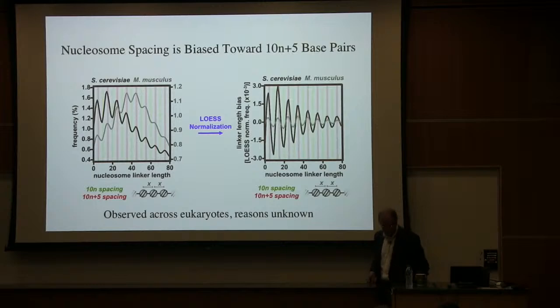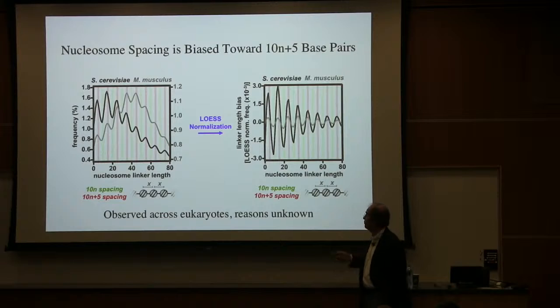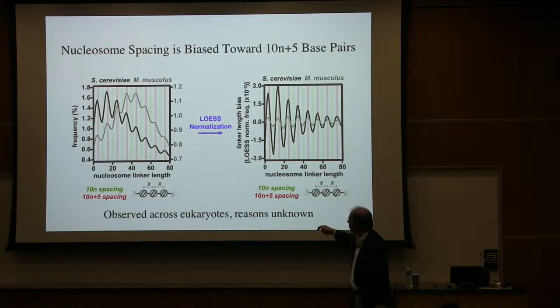So there's an interesting observation that's been in the literature since the late 1970s. And that is, if one looks on a genome-wide scale at the positions of nucleosomes and the length of the linkers between nucleosomes, one sees in essentially all eukaryotes that this has been looked at so far, everything from yeast out to mice and to humans as well, this interesting oscillatory pattern. If you look at the frequency of a given linker length, both in yeast, you see it, you also see it in mice.